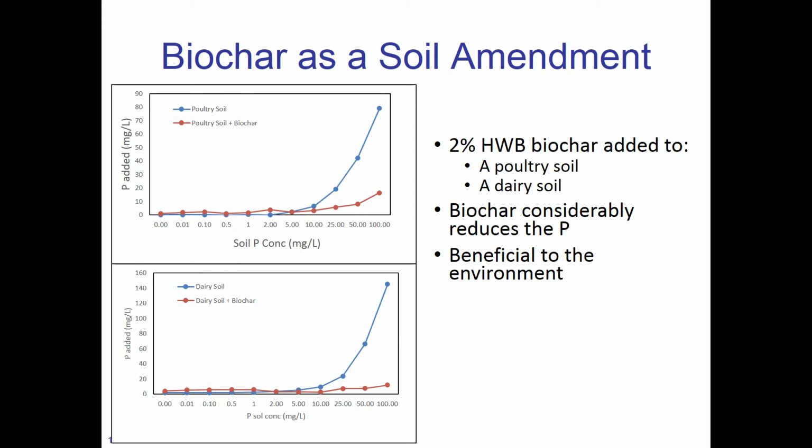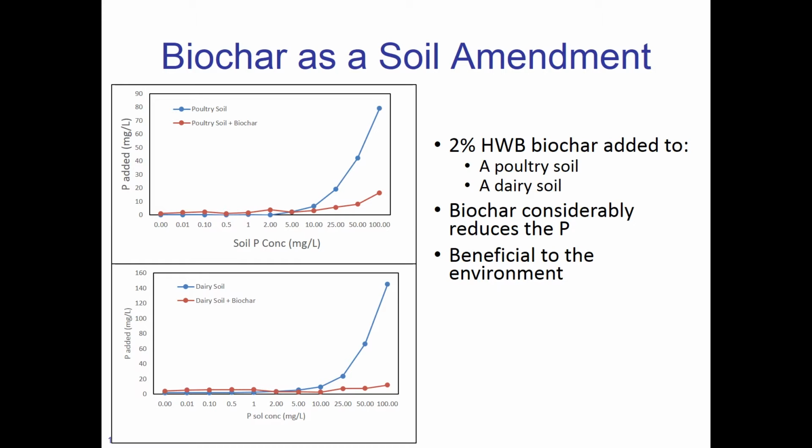This brings us to the next question, as to what we have when we add biochar as a soil amendment. There is lots of work going on which says that biochar holds on to phosphorus. That's absolutely right. We have just seen in the previous slide. So when you add biochar to a soil, this is what happens. This is a soil. The blue line here is a soil.